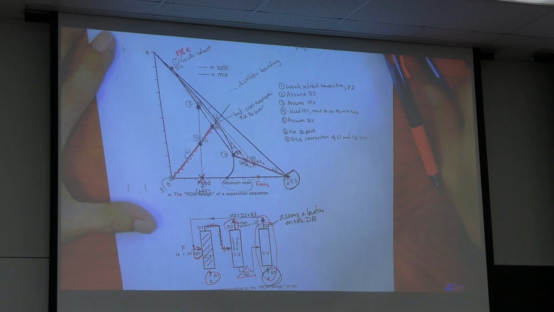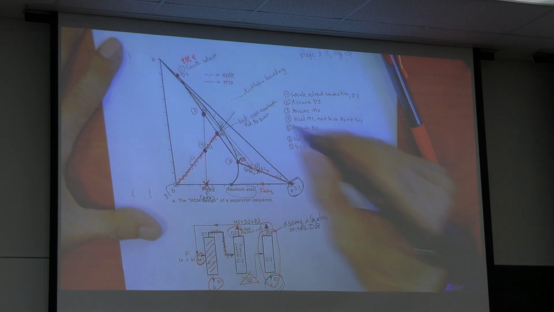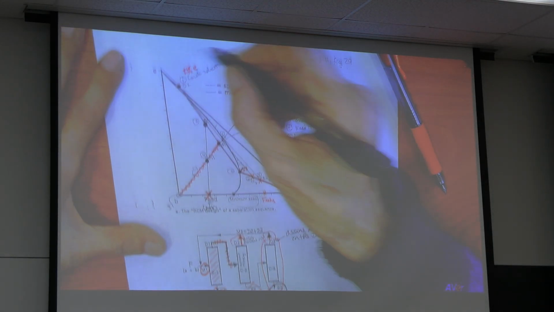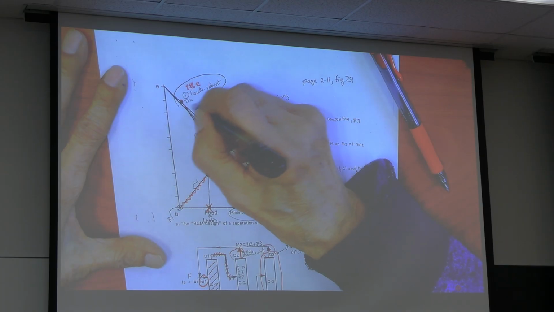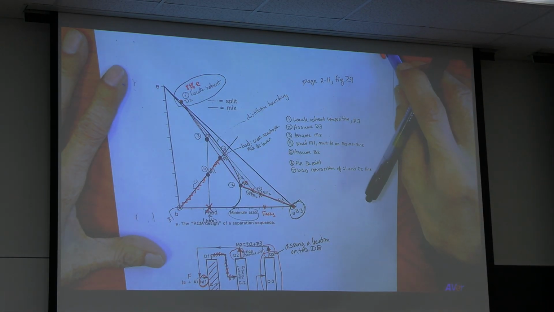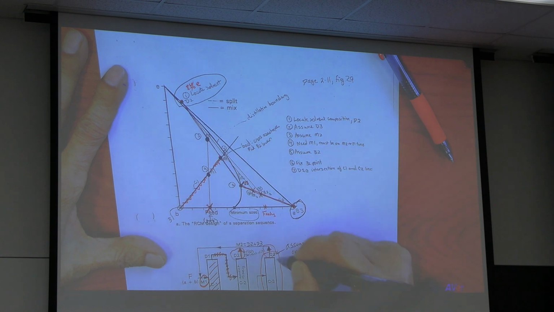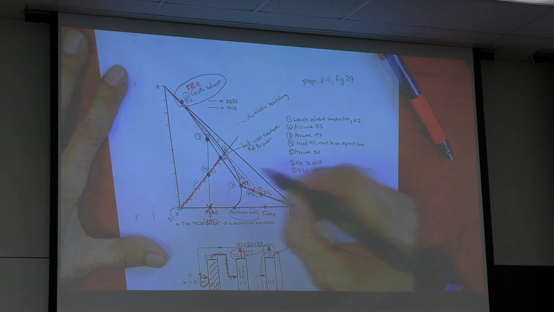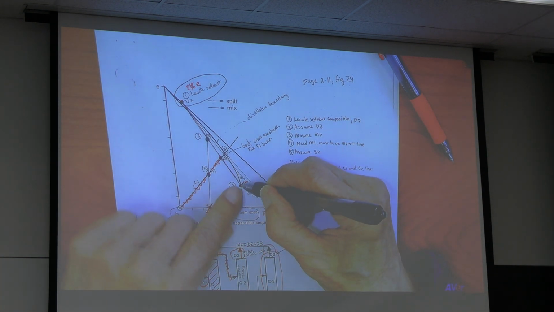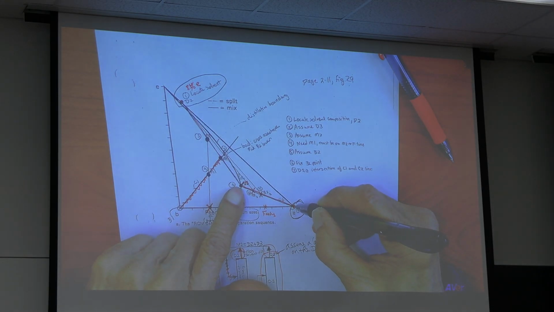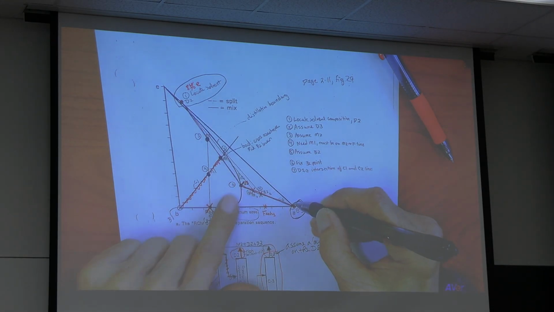Okay, let's look at this. Step 1. Step 2, D3. I'm assuming D3, B3 on a straight line.